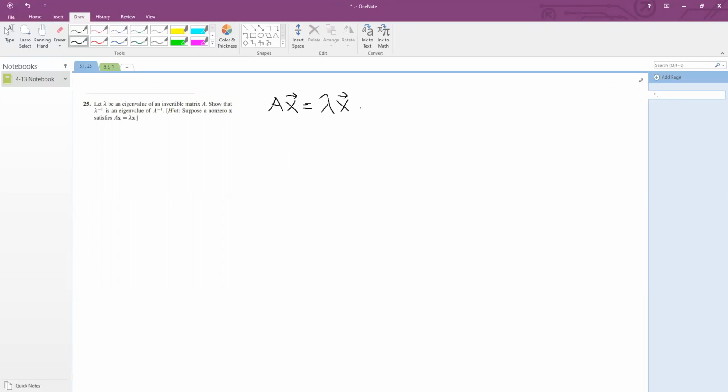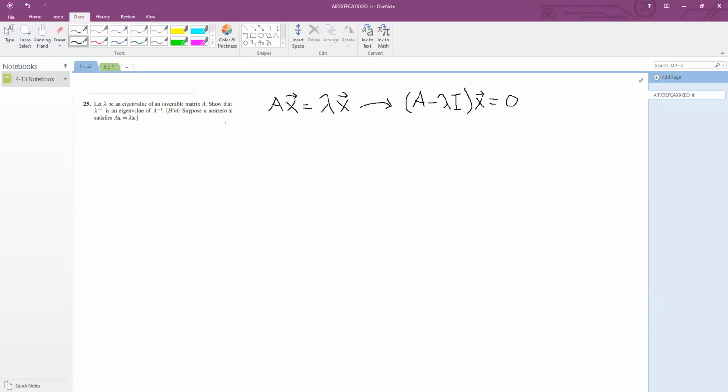And you should recognize that if you change the form a little bit, this would be A minus lambda I times x equals 0, which is the thing you're used to showing when you have to figure out the eigenvectors. This is how you'd set it up. Just by subtracting this over, you can get this form.